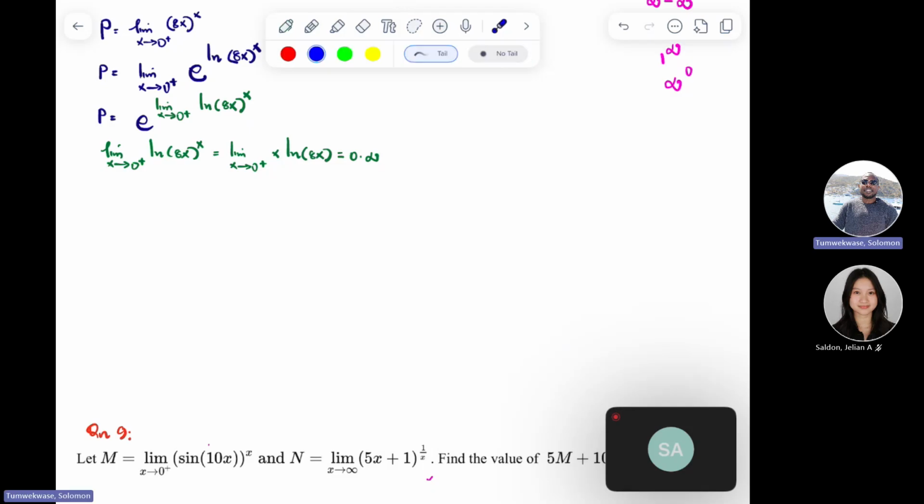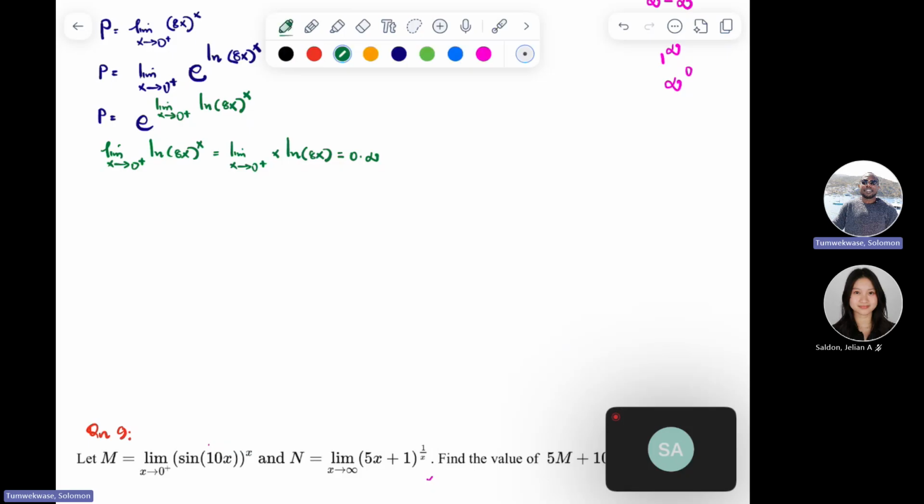So what does that mean? I have to rewrite this function in such a way that when I take this limit, I get an indeterminate form. And when you're rewriting this function, whatever you put in the denominator, always make sure that it is the easiest thing to differentiate.